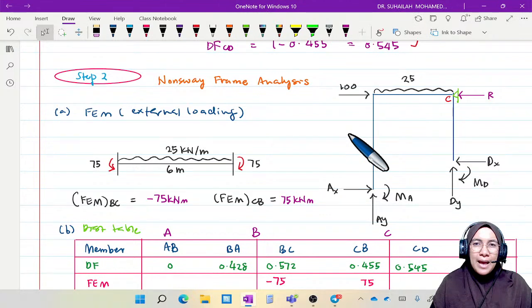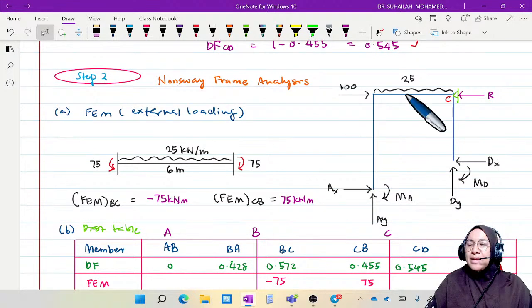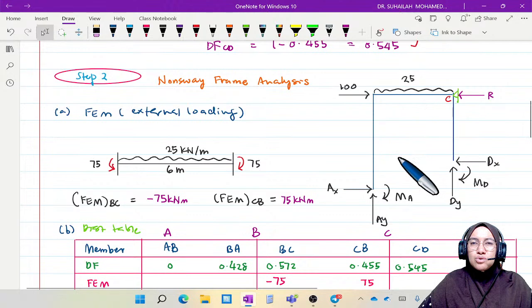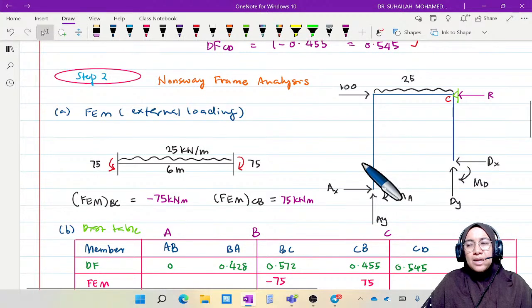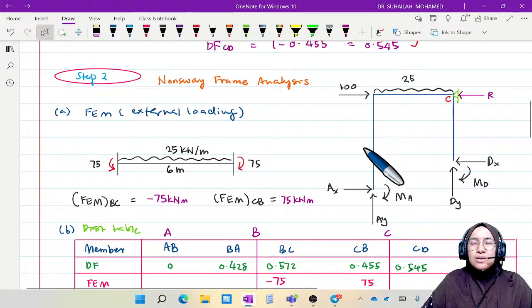So FEM. By looking at member AB, there is no FEM. Please remember that for FEM, we calculate the value whenever the member is loaded. AB has no force subjected on the member, so the value is 0.